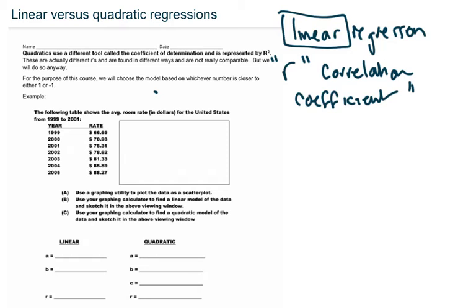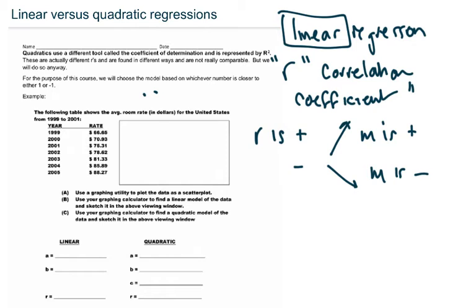Basically, in a linear regression, in a modeling situation where we're coming up with an equation for a line, this R will always be a number between -1 and 1. If R is positive, it means that the slope is positive. If R is negative, it means that the slope is negative.